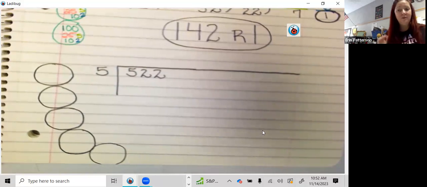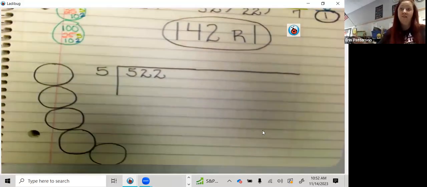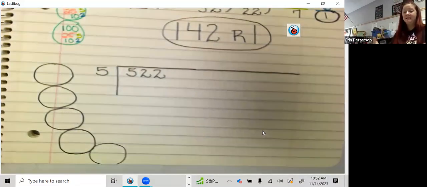Yes, when you see other teams finish, you may check with them and see if they got the same answer. They may have done it differently because they might have chosen different friendly numbers. But if they got the same answer, then you're on the right path.